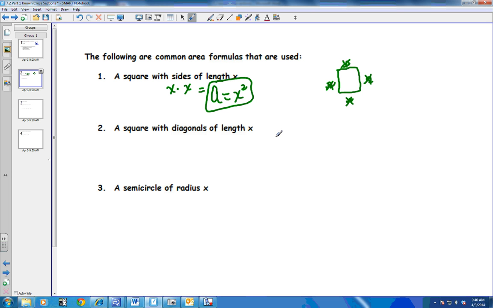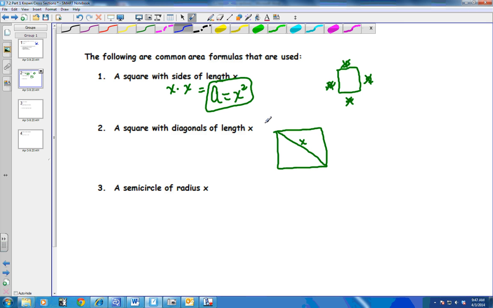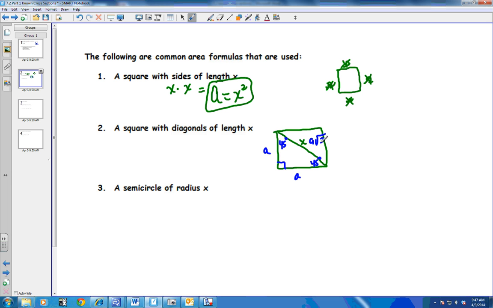A square with diagonals of length x. And I have to find the area of this square. Well, this one's a little different. First of all, I know this is a right angle. So if this is the diagonal, it's going to split this angle right here in half. So now this is 45 degrees right here and 45 degrees here. So I have a 45-45 triangle. Well, if you'll remember, your 45-45 triangle has sides of length A, A, and A radical 2.